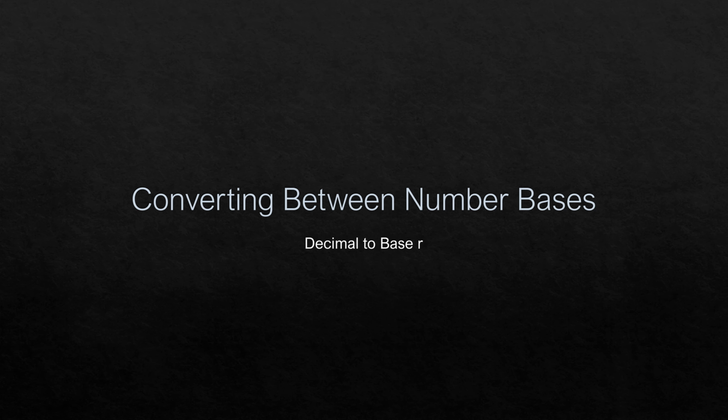If the number includes a radix point, we need to separate the number into an integer part and a fraction part since the two are converted differently. Let's first examine conversion of decimal integers.